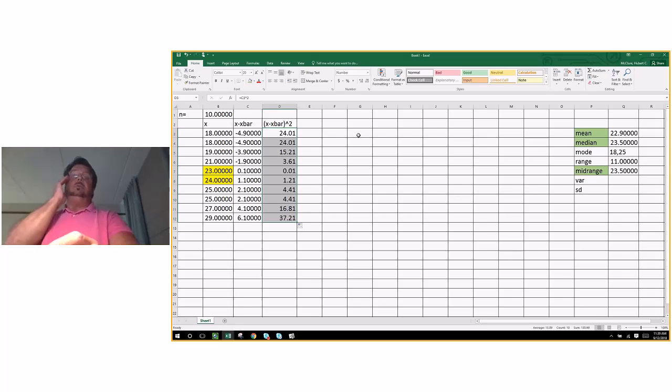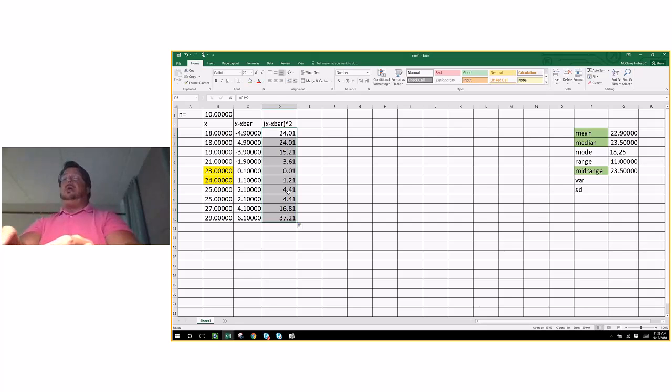It don't look right. Is negative 4.9 minus 22.9, is that 24.01? That don't look right. Oh, okay, I'm sorry. It's 4.9 rate. Okay, I'll shut up. I'm thinking out loud.